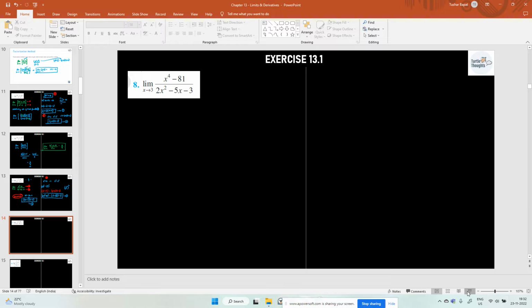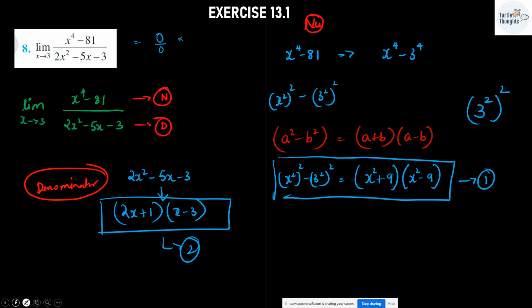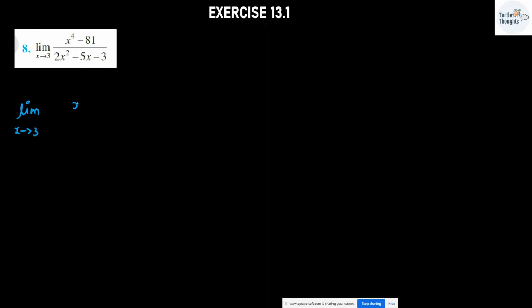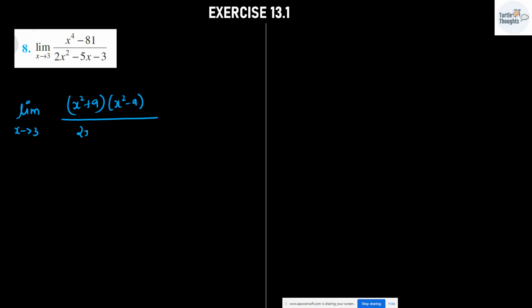I have here limit of x tending to 3. In the numerator, I can write x square plus 9 multiplied by x square minus 9 divided by 2x plus 1 and x minus 3.